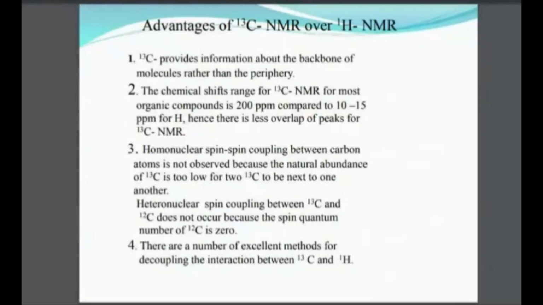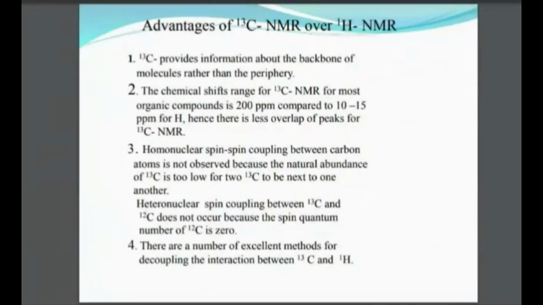Because two H1 nuclei, when they came close to each other, disturbed each other's signal. But in the case of C13, it is very rare that you will get C13 adjacent to each other, almost near to impossible. So if there is no C13 nucleus adjacent to a C13, it is impossible for it to give coupling. So there is no spin splitting.